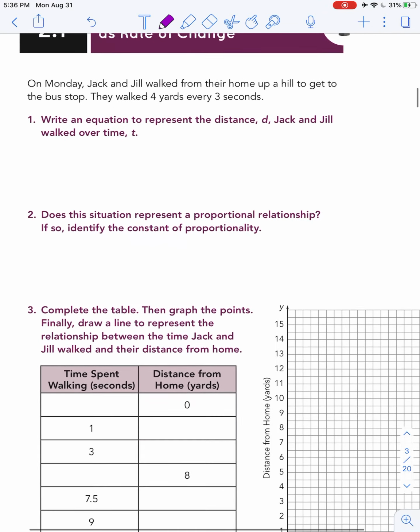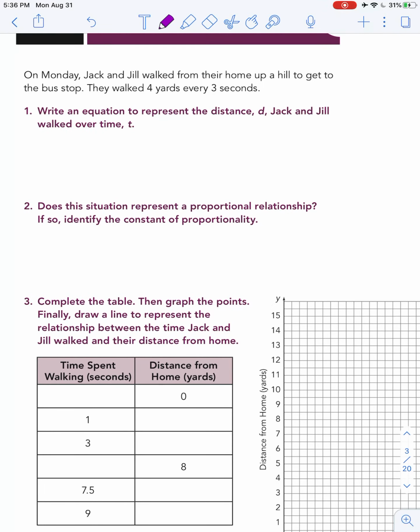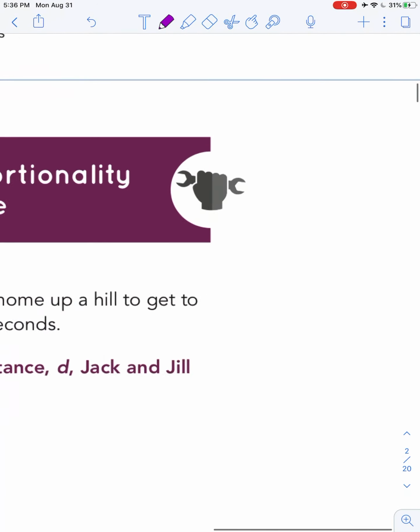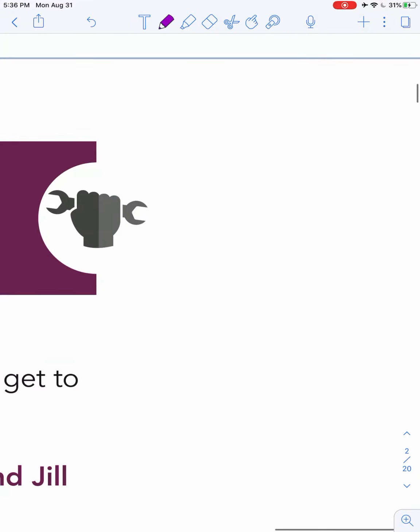So over here we have Jack and Jill. On Monday, they walked from their home up the hill to get to the bus stop. They walked 4 yards every 3 seconds. Now, thinking about unit rate, there are 2 things that I need to talk about. Number 1 is anytime you have money, it's going to be money over some item. So money per something.